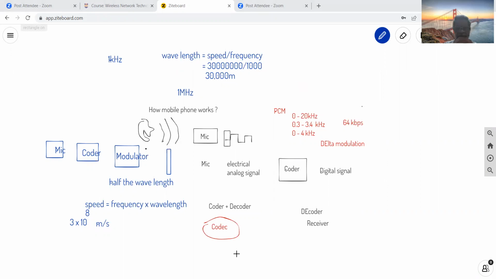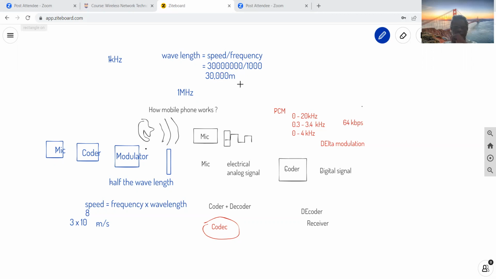It will be 30 meters. Yeah, correct. 3 with 8 zeros divided by 1 with 6 zeros, then it comes as 30 meters. 30 meters is also a big amount.